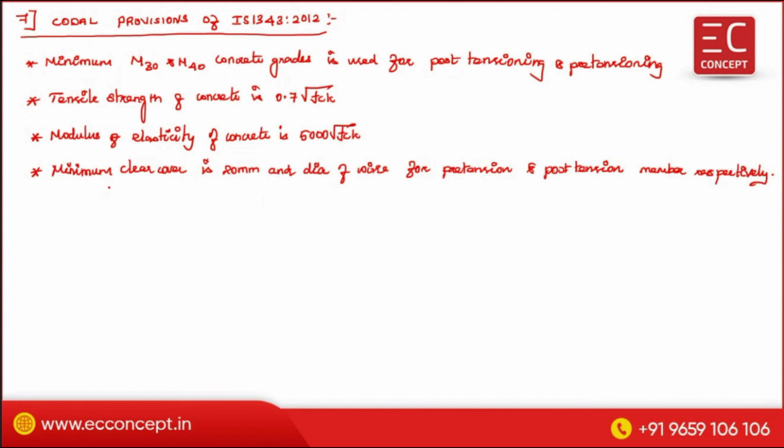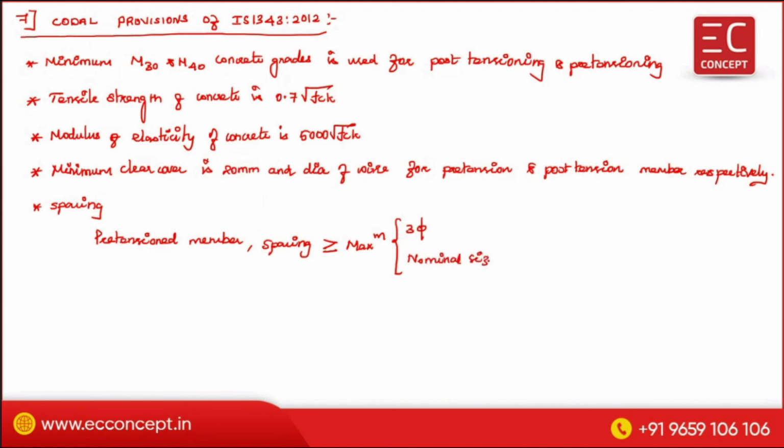Now, next point, spacing of cable. Spacing for pre-tensioned member is greater than or equal to the maximum of 3 times the diameter and the nominal size of coarse aggregate plus 5 mm.